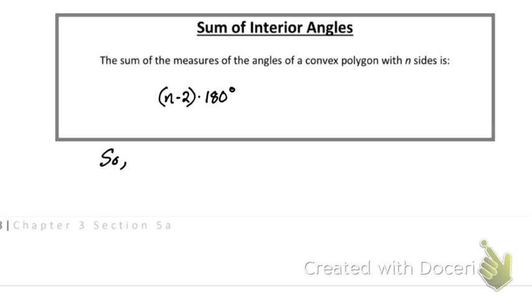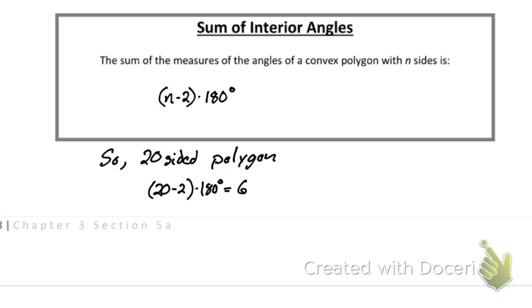So, a 20-sided polygon would be 20 minus 2 times 180 degrees, which would be 6,480 degrees. And that would be the sum of the angles.